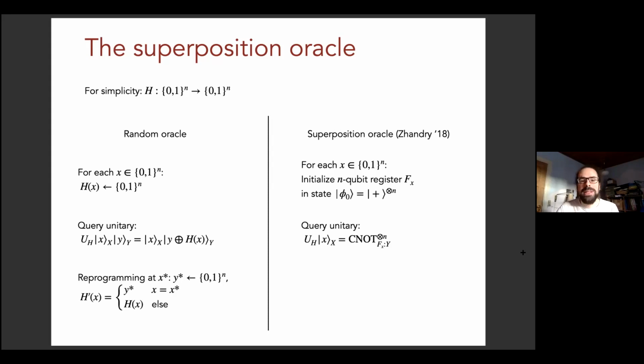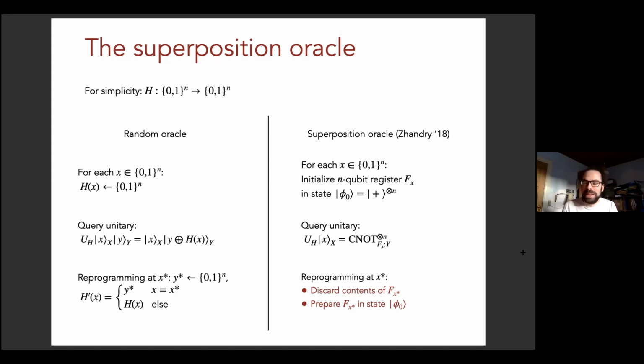Well, the first insight that went into our proof is the following. It's basically that we can do exactly the same strategy in the superposition oracle. We can just reprogram at input x star with a fresh random output if we discard the contents of register F_x star, and then we prepare it in a fresh, independent, and pure uniform superposition state, right?